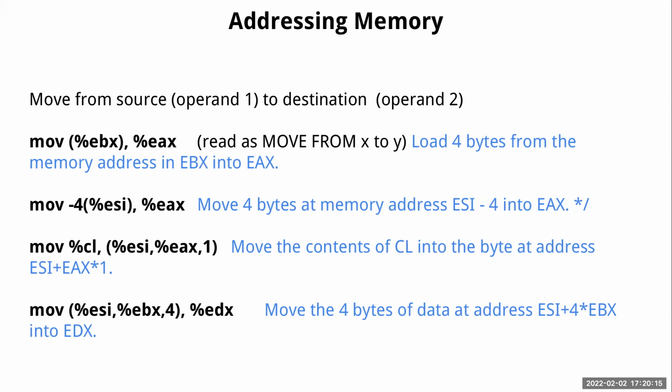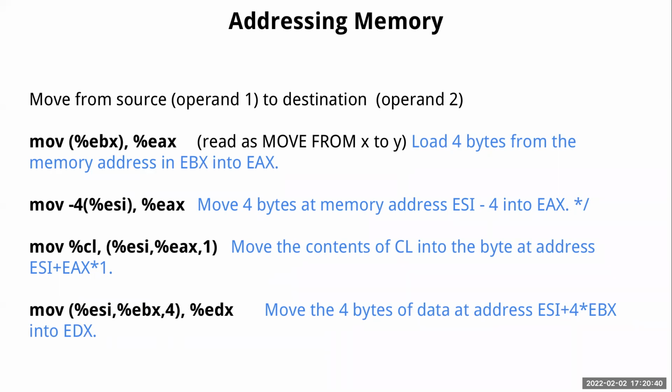Instead, we're using CL. CL is one byte. So this instruction is not ambiguous. We know this is only moving 1 byte because the source argument is only 1 byte. So the destination is ESI plus EAX times 1. So you are moving 1 byte to the memory. The memory location is this.